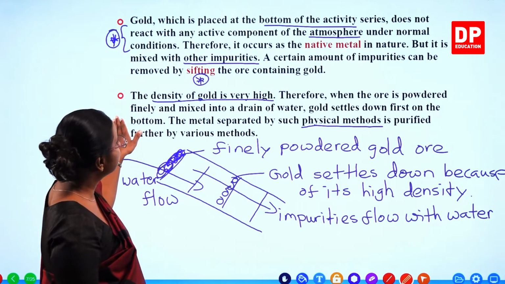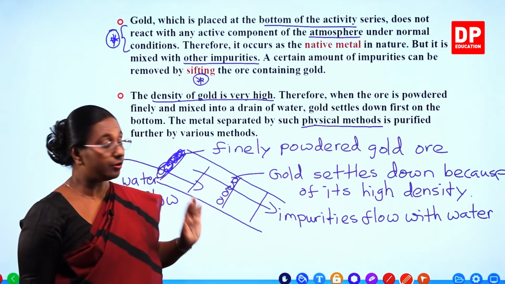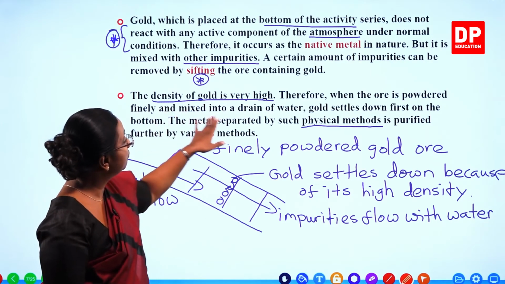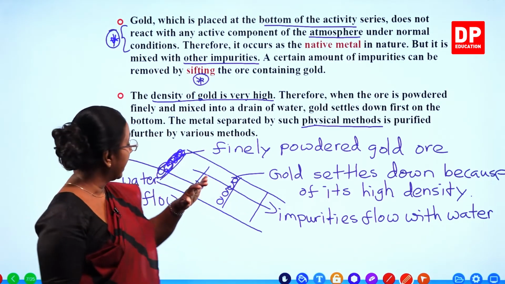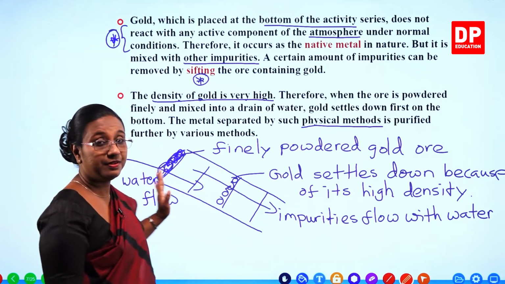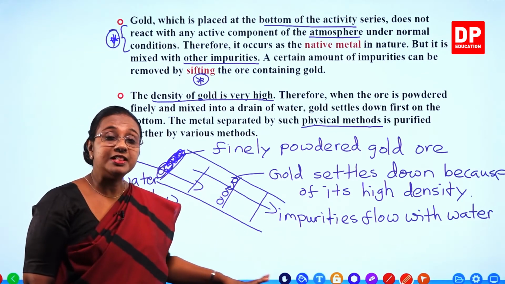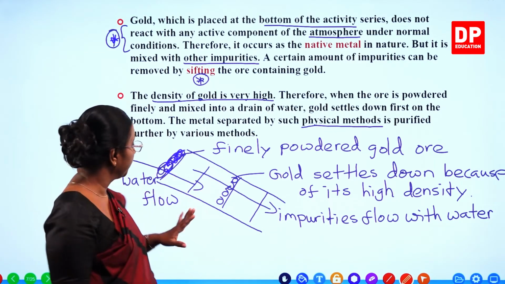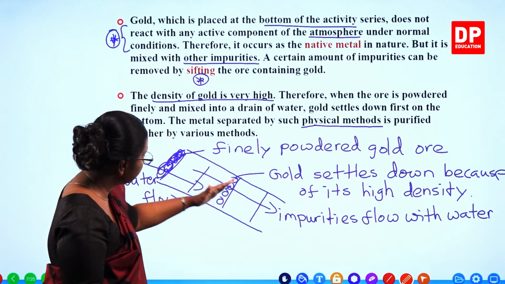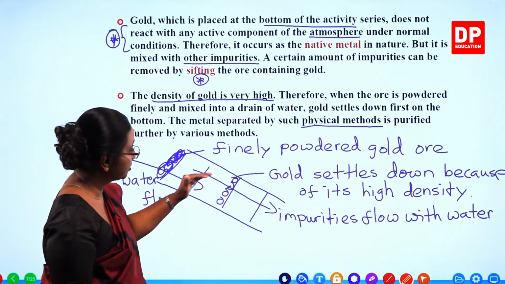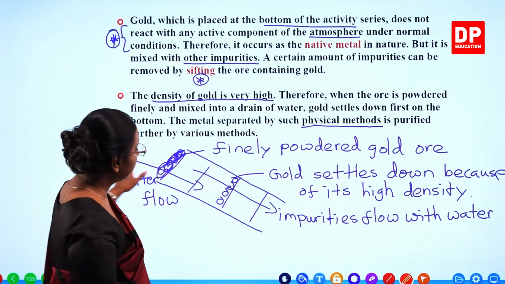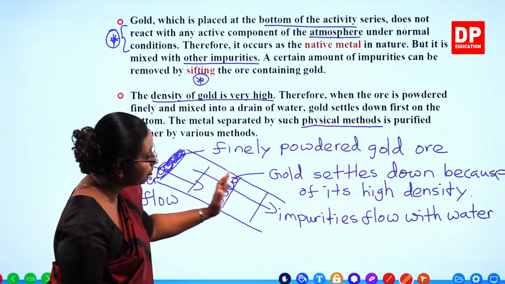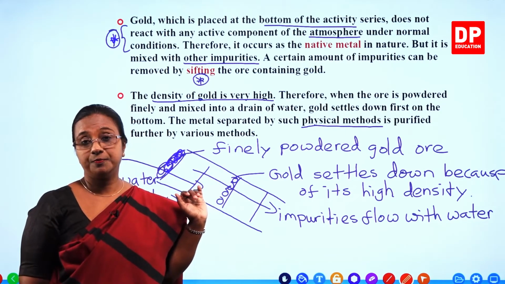So we finely powder the gold ore and allow it to flow with a drain of water. Because of the high density, the gold settles down in this particular structure, and the impurities just flow away with the water.